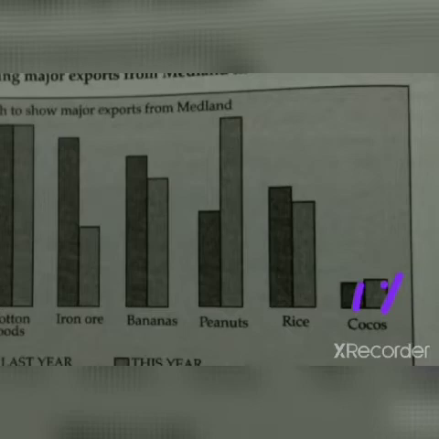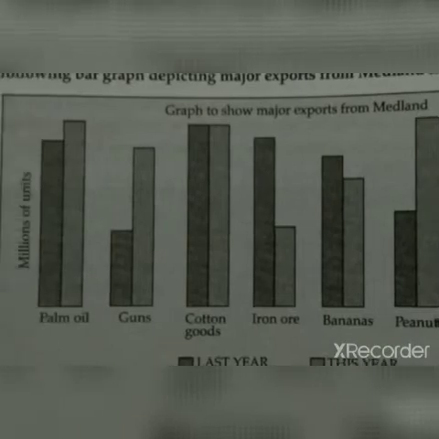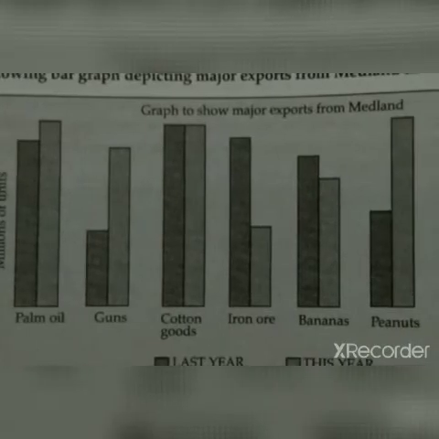By comparing the height, we can understand almost same in the case of cocoas. As regards non-edible goods, edible means eatable, non-edible means we can't eat that. So as regards non-edible goods, the number of guns and iron ore was much more than last year. So when we compare this iron ore and also guns, the number of guns and iron ore.